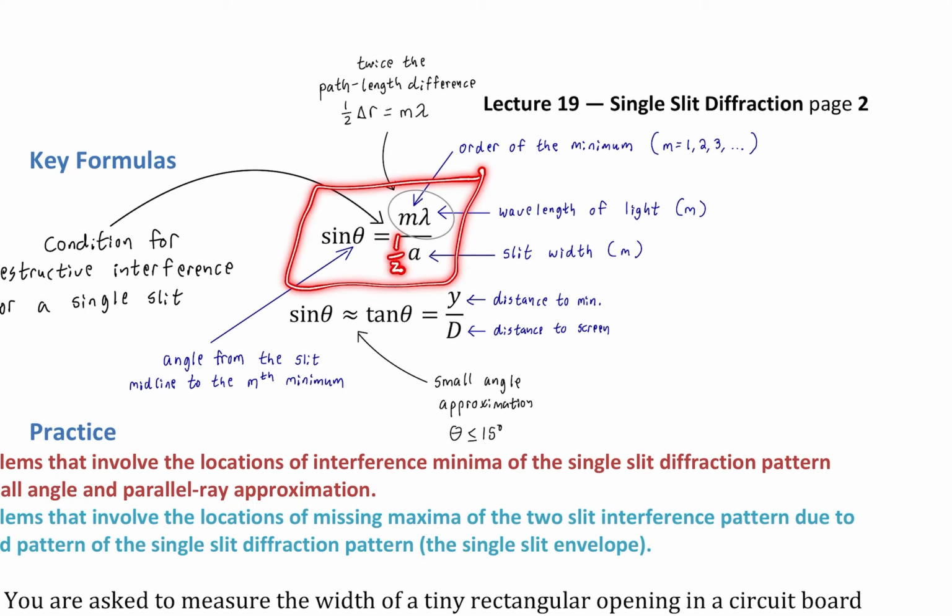Why 1/2 the slit width? Well, you can guess from back in the key terms. It's because we're pairing up those infinite number of wave sources between the bottom half and the upper half. So the actual distance between any two of those wave sources is 1/2 a. So when we write this formula, there is already a cancellation of those two 1/2s. That's why it looks like a constructive interference formula.